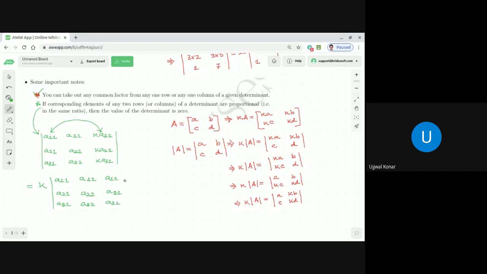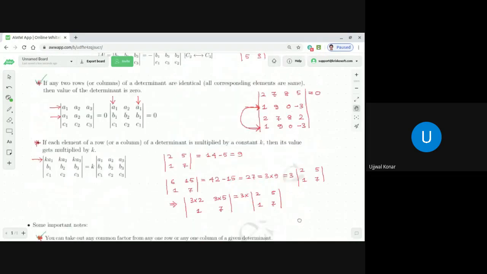Now, dear students, we learned in one property that in a determinant, if any two rows or any two columns are identical, then the value of the determinant is 0. We can go back and find it, one of the properties we learned.